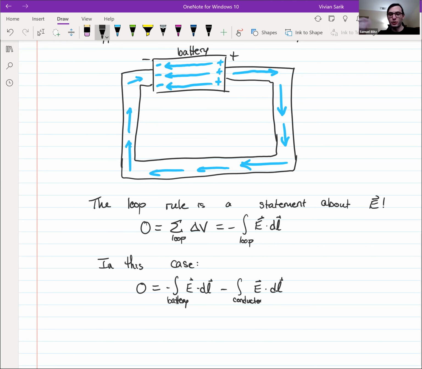And you would find that those two things add up to 0, in part because the electric field through the battery is in the opposite direction from the path we're going around the loop. So you'll get a negative contribution from the battery and a positive contribution around the loop, and you can add up to 0. But what if there isn't a battery?